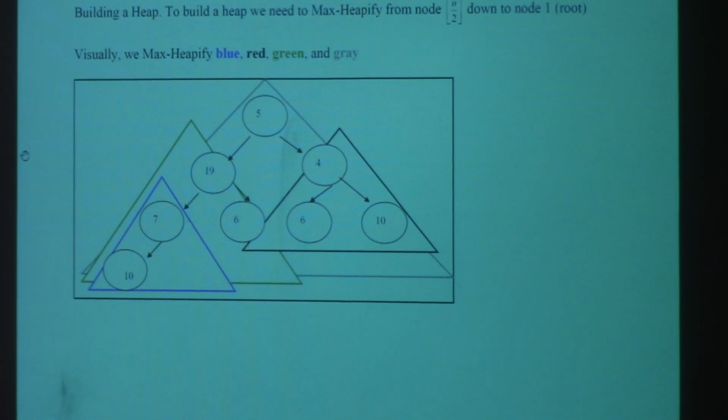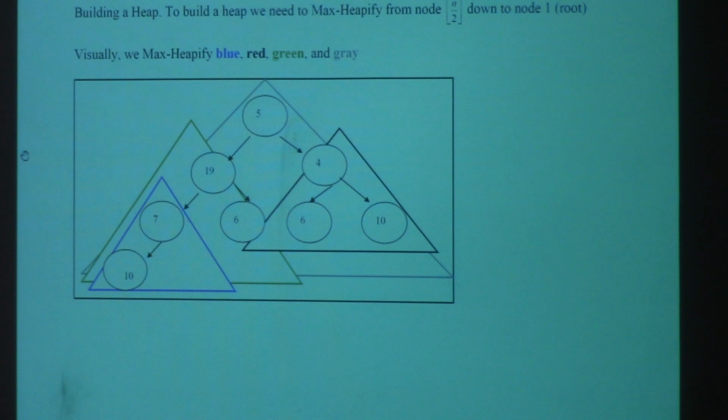So I don't have any problems with violations in heaps of size 1, which are leaves. I want to find the first parent, or the last parent, the parent with the greatest index. In this case, 8 divided by 2 is 4.